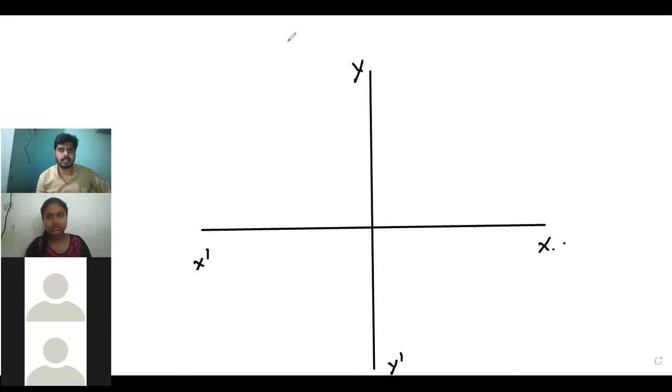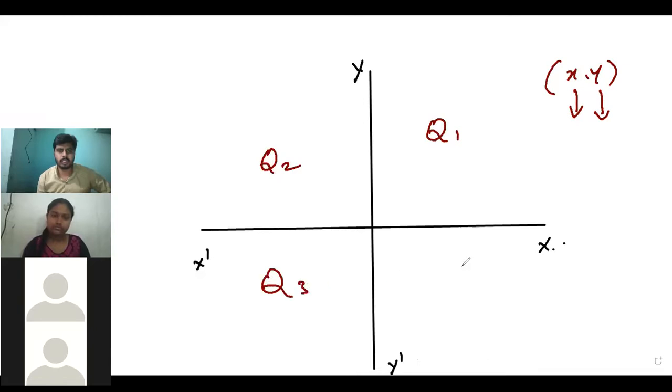Okay. Suppose if you write like this, this is a point. So x is called the x coordinate, y is called the y coordinate. This is the first quadrant, Q1. This is Q2. This is Q3, and this is Q4, right?